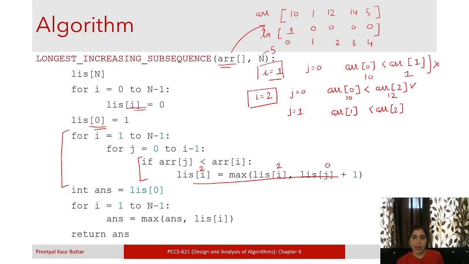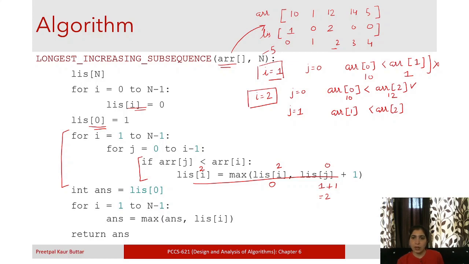So LIS 2 is equal to the maximum of LIS 2, which we had initialized to 0, and LIS j, that is LIS 0, which is 1, plus 1. So this is 2. Out of 0 and 2, the maximum is 2. So LIS 2 becomes 2. We have found a subsequence of length 2 ending at index 2, that is 10, 12.